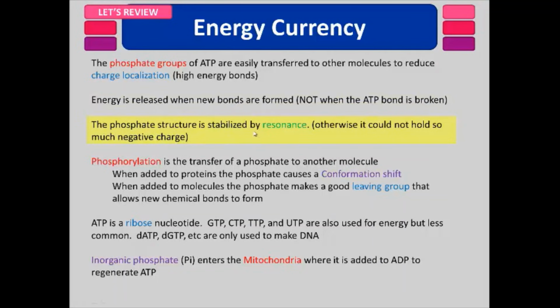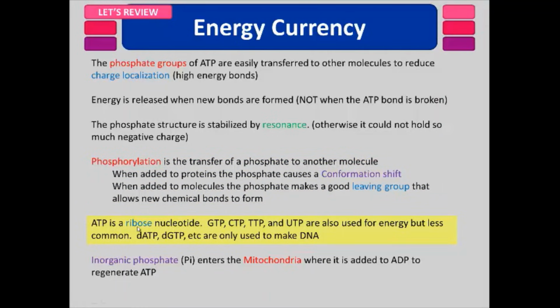The phosphate structure is stabilized by resonance, otherwise it could not hold so much negative charge. Phosphorylation is the transfer of a phosphate to another molecule. When added to proteins, the phosphate usually causes a conformational shift. When added to molecules, the phosphate makes a good leaving group that allows new chemical bonds to form.